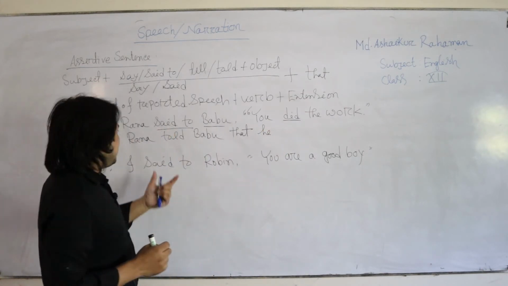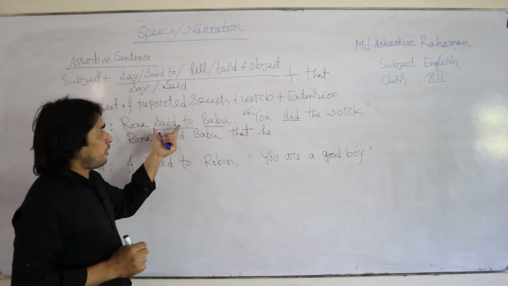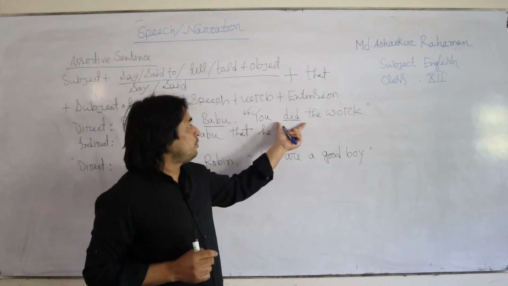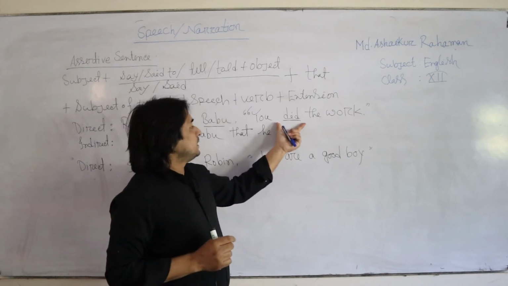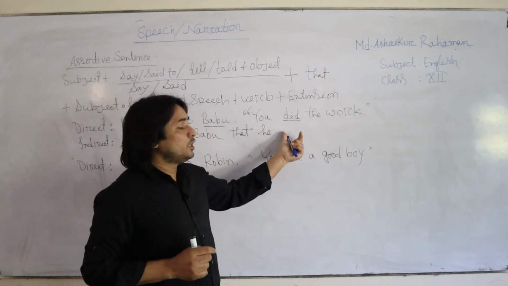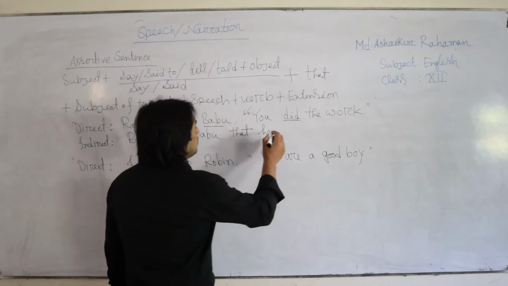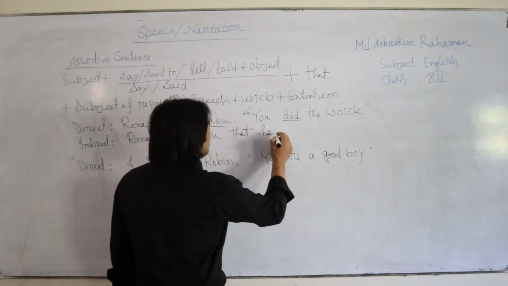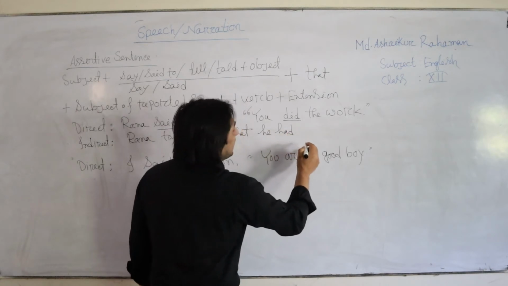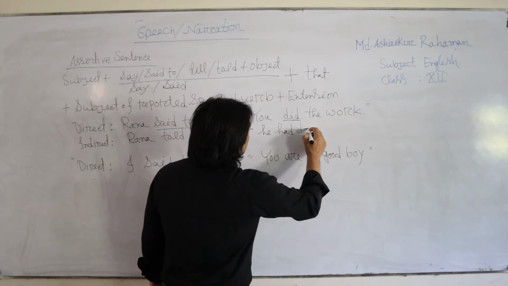As we know, if the verb in reporting speech is past indefinite and the verb in reported speech is past indefinite, the verb is changed into past perfect in reported speech. So the structure of past perfect is had plus third form of verb, that is do, did, done.